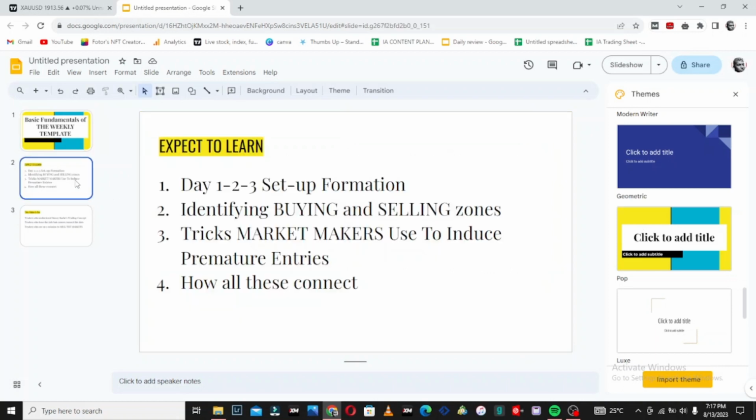What you'll expect to learn from this video is the day 1, day 2, day 3 setup formation, identifying buying and selling zones, and the tricks the market makers use to induce premature entries. We've all been there, and how all these connect.